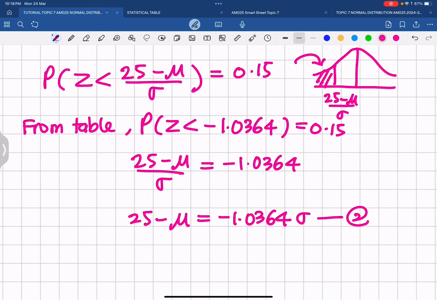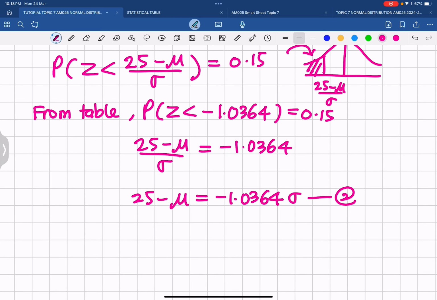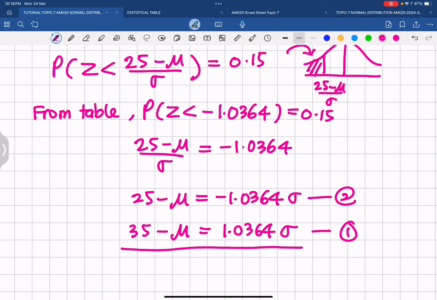So let us solve with the first equation: 35 minus the mean equals 1.0364 standard deviation. What we can do here is get rid of either the mean or the standard deviation.